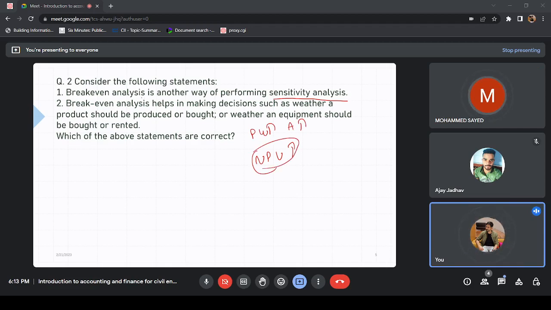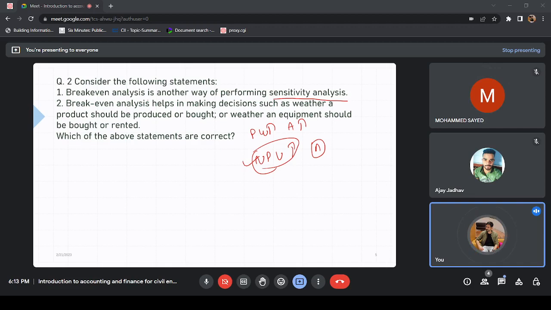In break-even analysis also, we are kind of doing the same thing, because we are varying our quantity n and checking what is the net present worth with some cost and some benefits coming in.